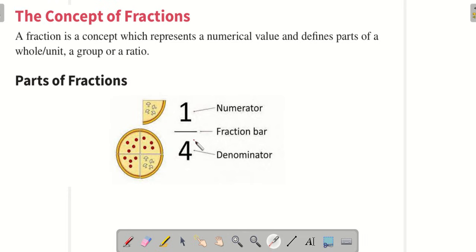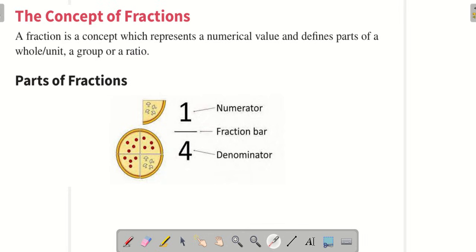A fraction is a concept which represents a numerical value and defines parts of a whole or unit, a group, or a ratio.